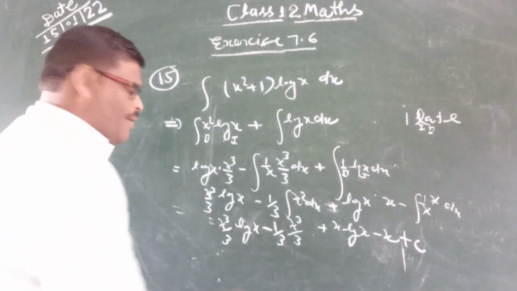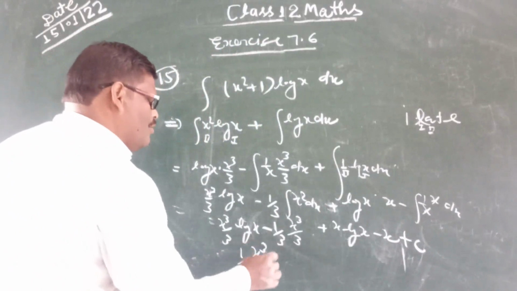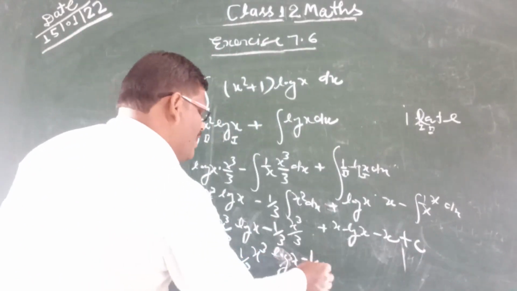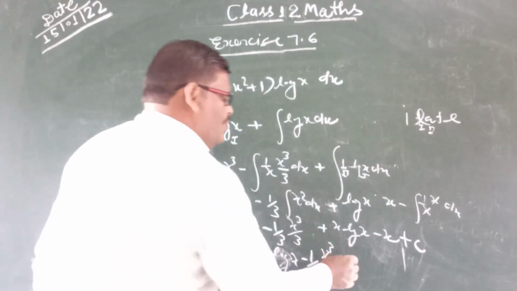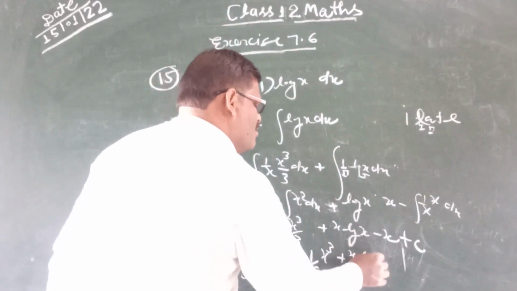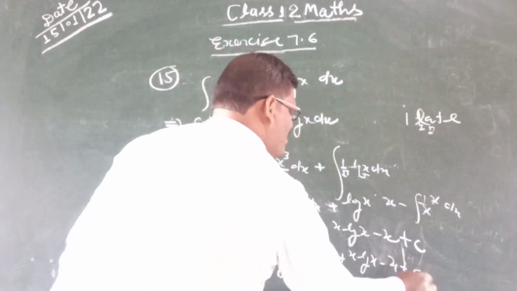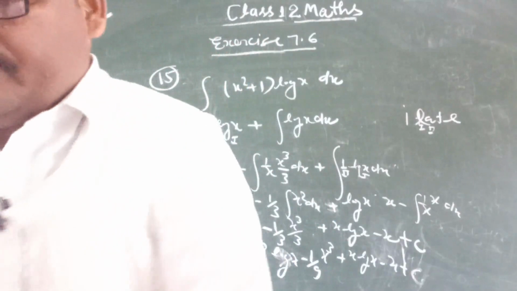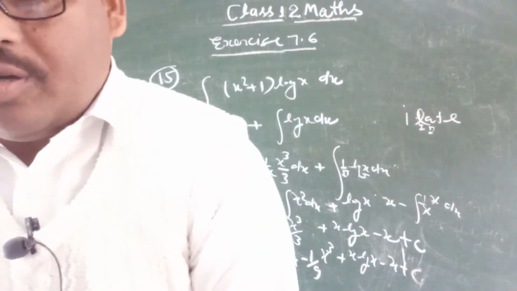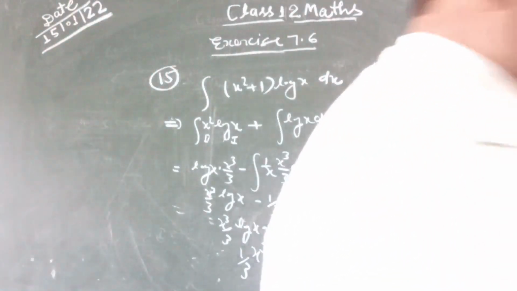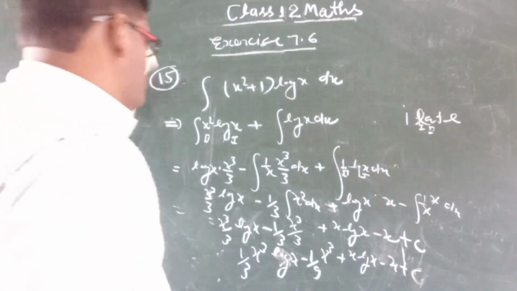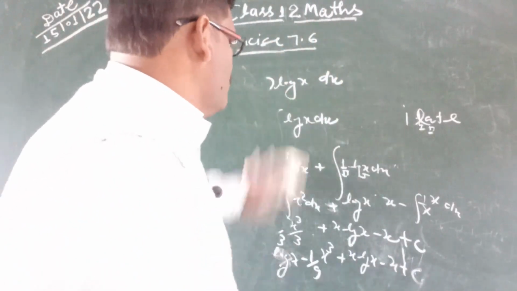This implies 1 by 3 x cube log x minus 1 by 9 x cube plus x log x minus x plus integral constant c. That is the required solution corresponding to question number 15. Now question number 16 is given: integration of e power x times sin x plus cos x.